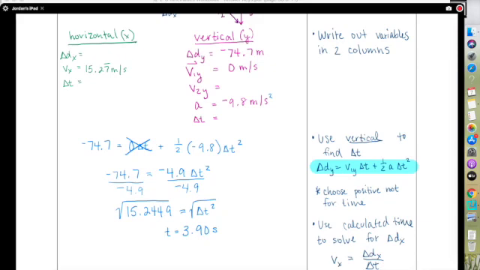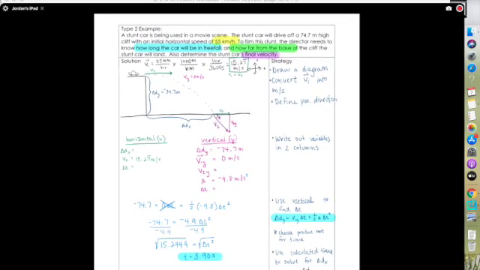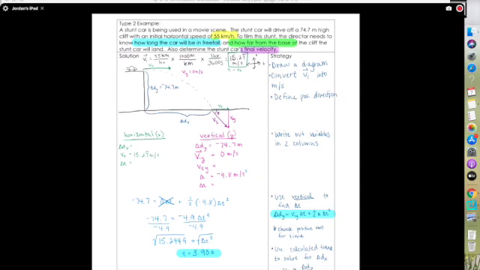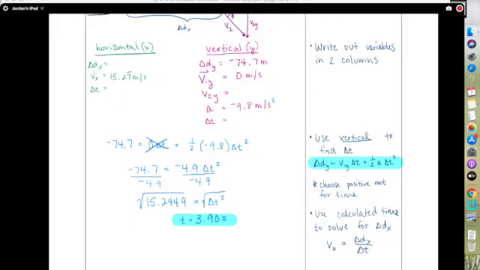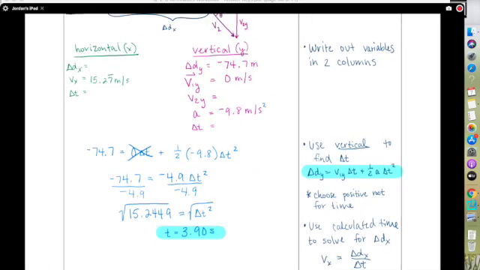So our time elapsed that it takes for it to hit the ground is 3.90 seconds. The next thing we need to find is how far away from the base, so that's our range.